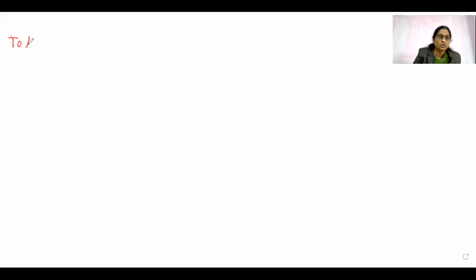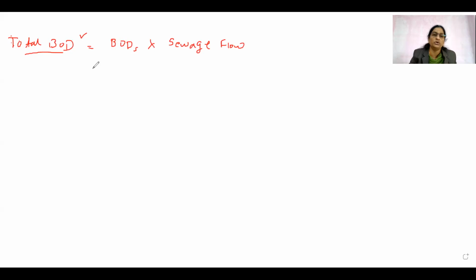So I will write here: total BOD is equal to BOD5 into sewage flow, because BOD5 is in milligram per liter but the total sewage flow is different, so from that you can find out the total BOD.